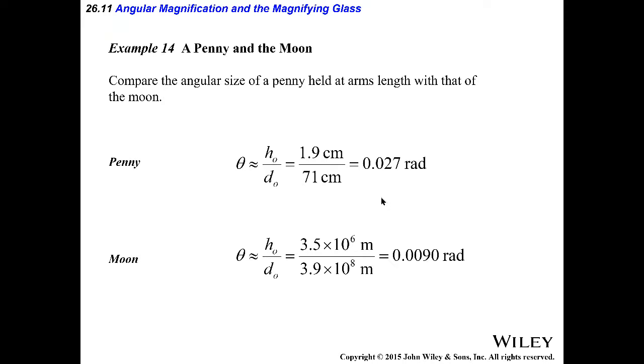Well, I think we already kind of mentioned that when we talked about the solar eclipse, didn't we? Namely, the angular size of the moon depends on how far away it is from the Earth.